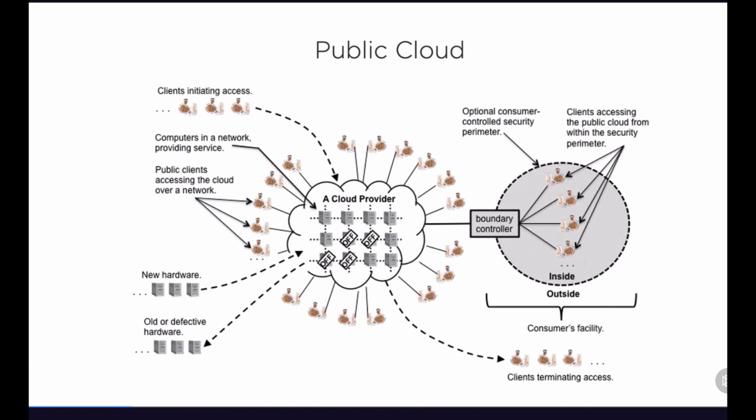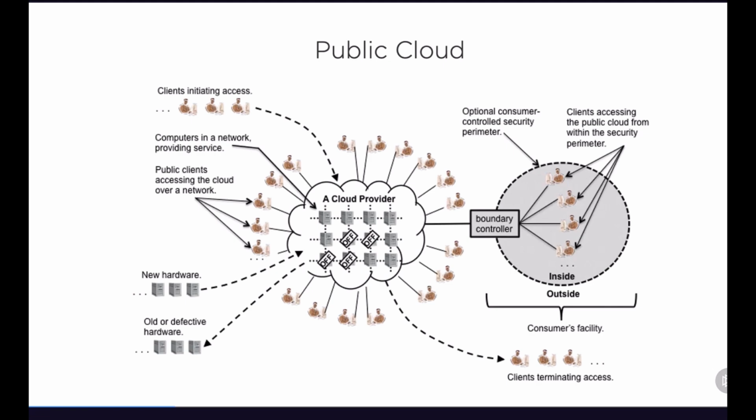If we look at an overview, for example, of a public cloud implementation, we see a number of different elements to this. We see the cloud provider in the center with all of their various types of equipment that are available, servers, for example, for both compute and storage needs. And they are continuously improving those, replacing them, but it operates as a single unit to the cloud consumer.